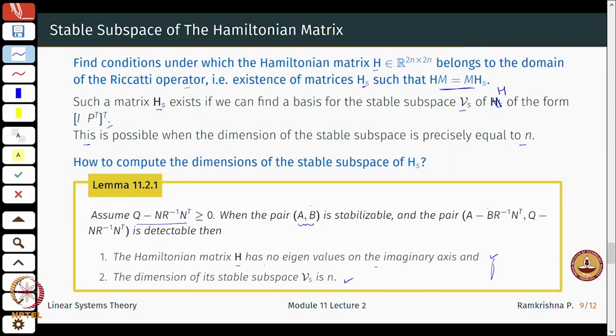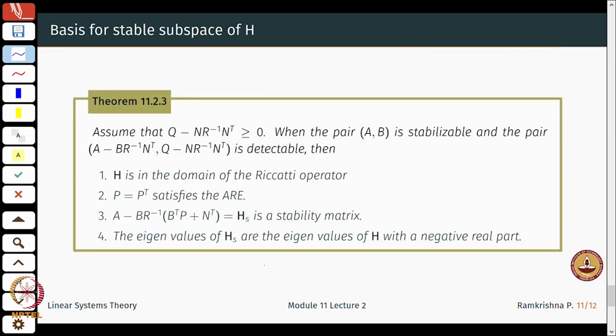Now, we can sum up all the results from all the theorems and lemmas: assuming that this matrix is greater than 0, with stabilizability of (A, B) and detectability of this pair, then H is in the domain of the Ricatti operator, P is symmetric and it satisfies the algebraic Ricatti equation, this we already proved, and the eigenvalues of Hs are the eigenvalues of H with a negative real part.